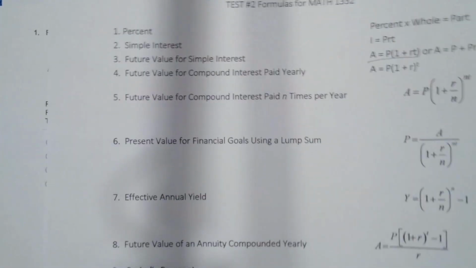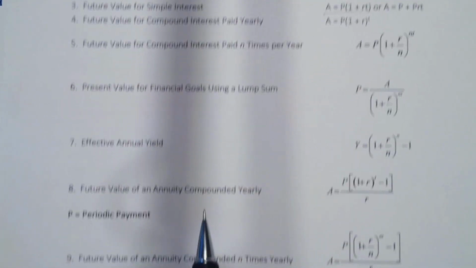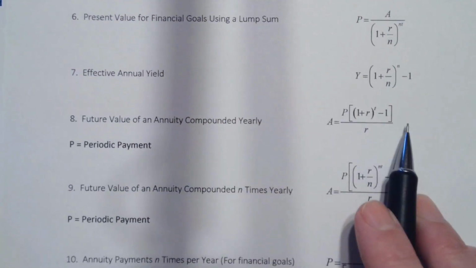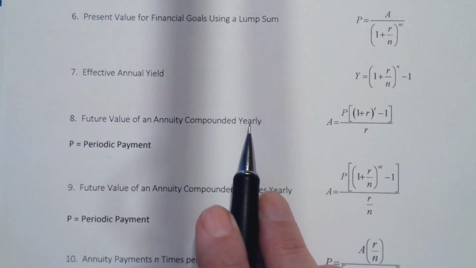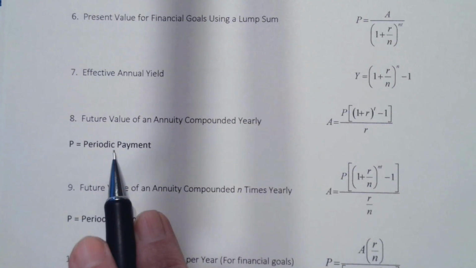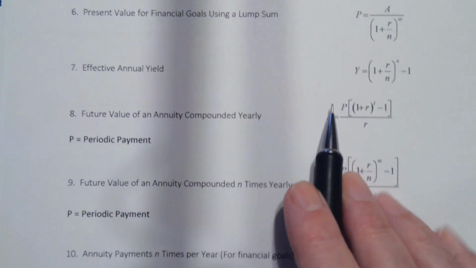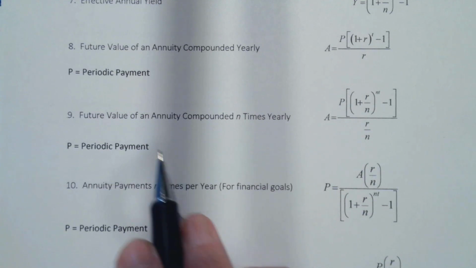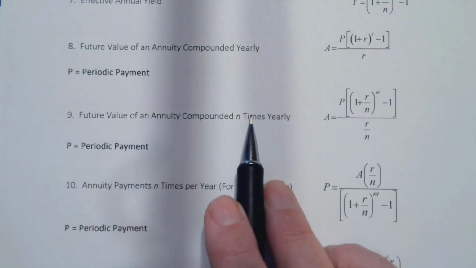Now if you look at the annuities, there's this formula for the ones that are compounded annually or yearly. Notice your periodic payment is P, that's how much is put into the account once a year. In our case, this is the future value of an annuity compounded N times per year.